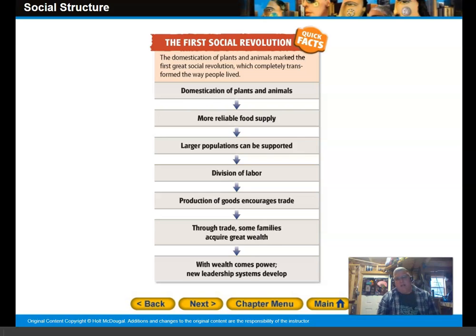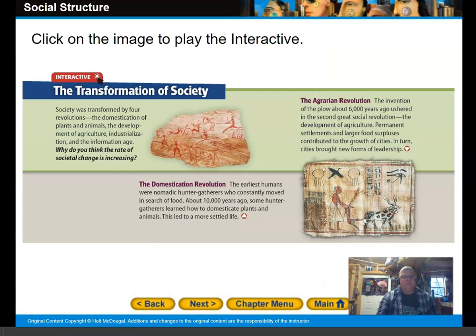Since they have more time because of the agricultural development, there's more time to develop new goods, and so they can start to trade their goods with other countries or other people. Through this trade, some families become very wealthy, and with wealth comes power, and a new leadership system develops as we become dependent on the economic changes.